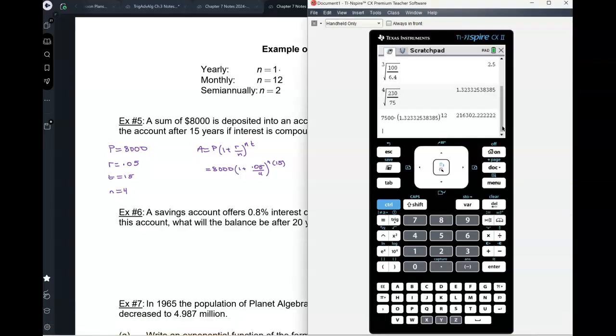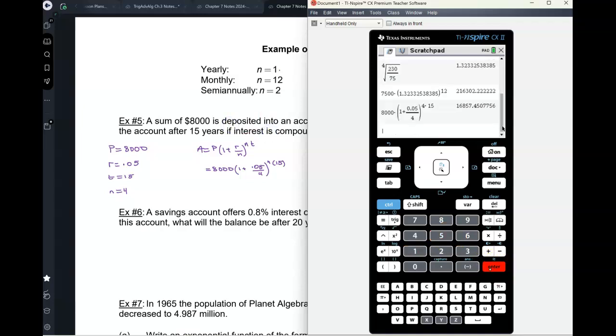You're going to plug this in all in one shot. You're not going to break it up and round in the middle, right? You're talking about dollars and cents, so you've got to be precise. So 8,000 times 1 plus 0.05 over 4, close parenthesis, to the power of 4 times 15.